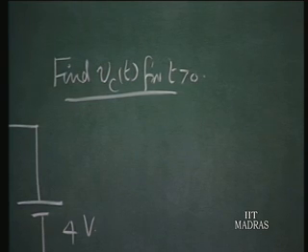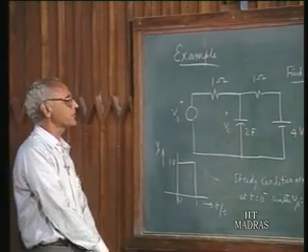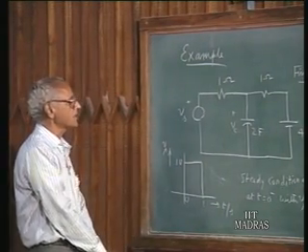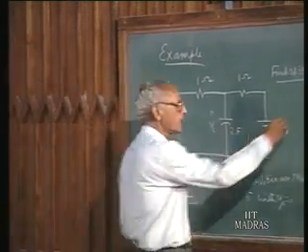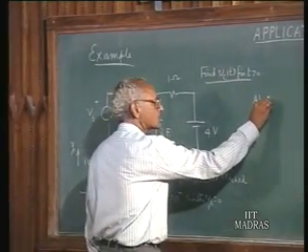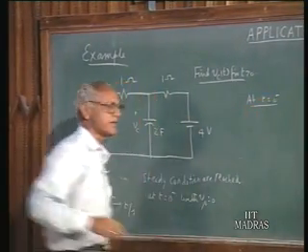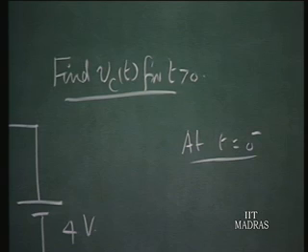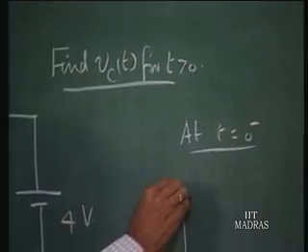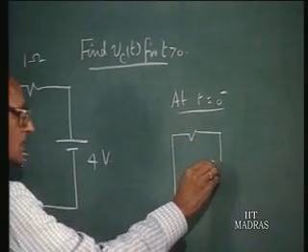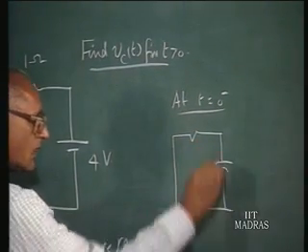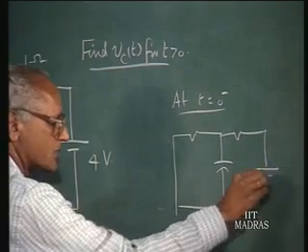Now we set up the transform diagram for this. Before doing that, because there is one reactive element, the capacitor, we should like to know the 0 minus value of the capacitor voltage. So let us see the various variables in the system at t equals 0 minus. At t equals 0 minus, this voltage source is 0. You have a 1 ohm resistance, a capacitor, another 1 ohm resistance, and a DC source.